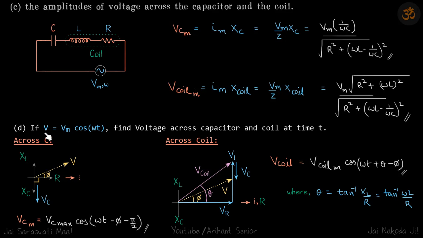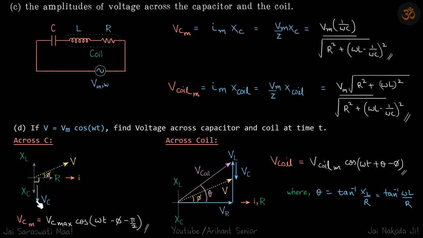Now the D part is if voltage is Vm cos omega t, find voltage across capacitor and coil at time t. So here, this is our overall voltage, total voltage, and we know VC will be along XC because VC is I max into XC. So this is VC, this is the total voltage V, and this is our current.